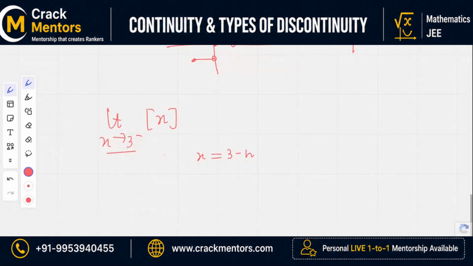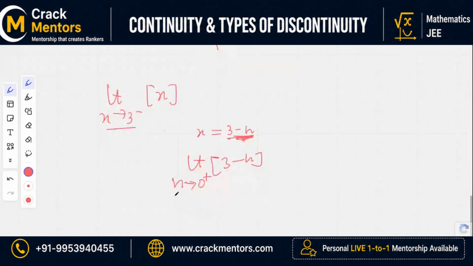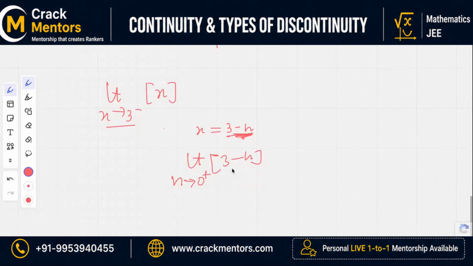So definitely something positive is being subtracted from 3. So you will replace x with 3 minus h, and now my limit is h tends to 0 plus, some very small positive quantity. Okay, now tell me one thing. When you subtract a very small positive quantity from 3, it would be something like, let's say 2.99, whose greatest integer is what? 2. So I just want to tell you about this thing, which we already saw in limits also. So comfortable with this?